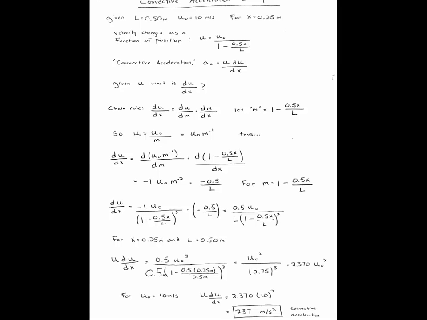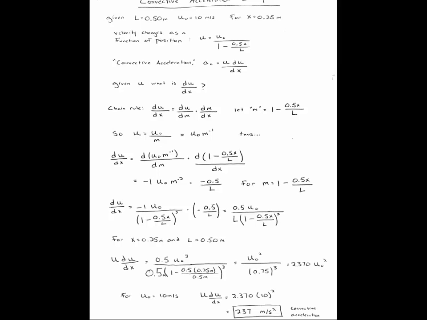So temporarily, we're going to assign the variable m for our equation of velocity. We're going to let m equal 1 minus 0.5x/L.